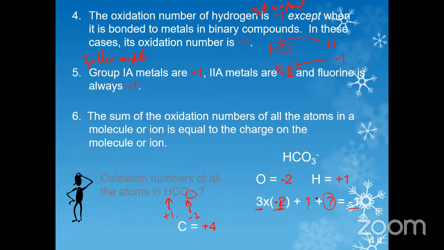When we do that, we end up with the answer being +4 for carbon. So even though we're not given any rules concerning the oxidation number of carbon directly, we can find it indirectly based on the other rules above, all right? Okay, so that's basically how that is done.